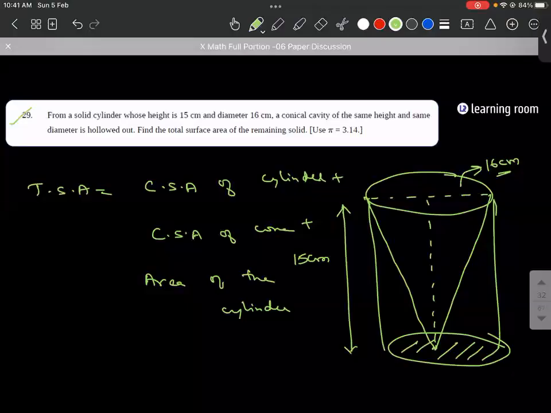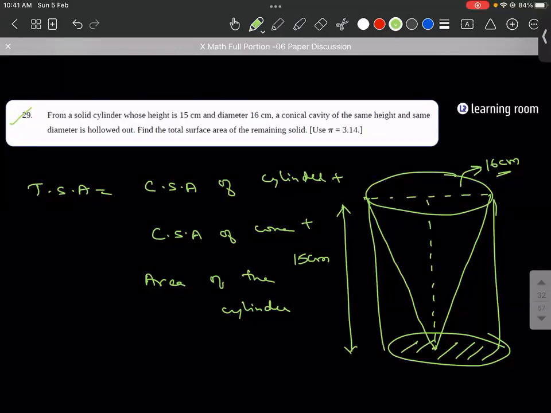Yeah, I hope you could solve this. What is the answer for this? Very good. 1381.6.